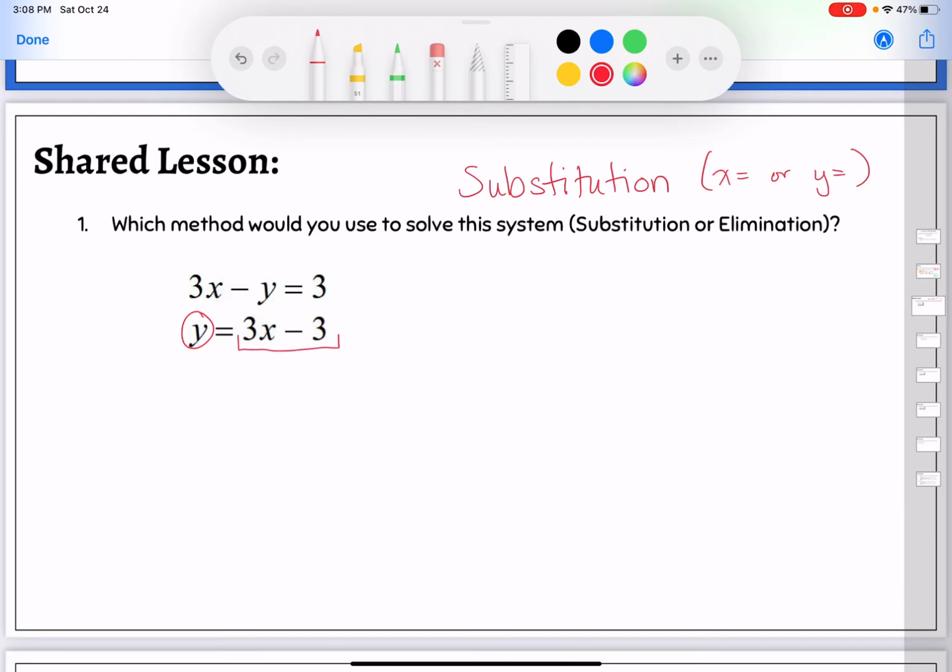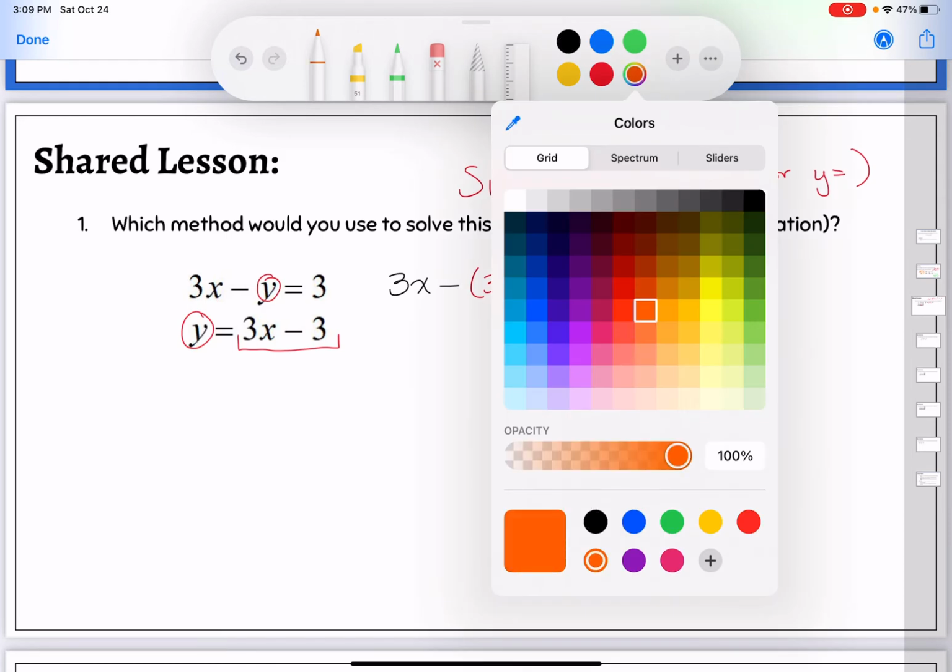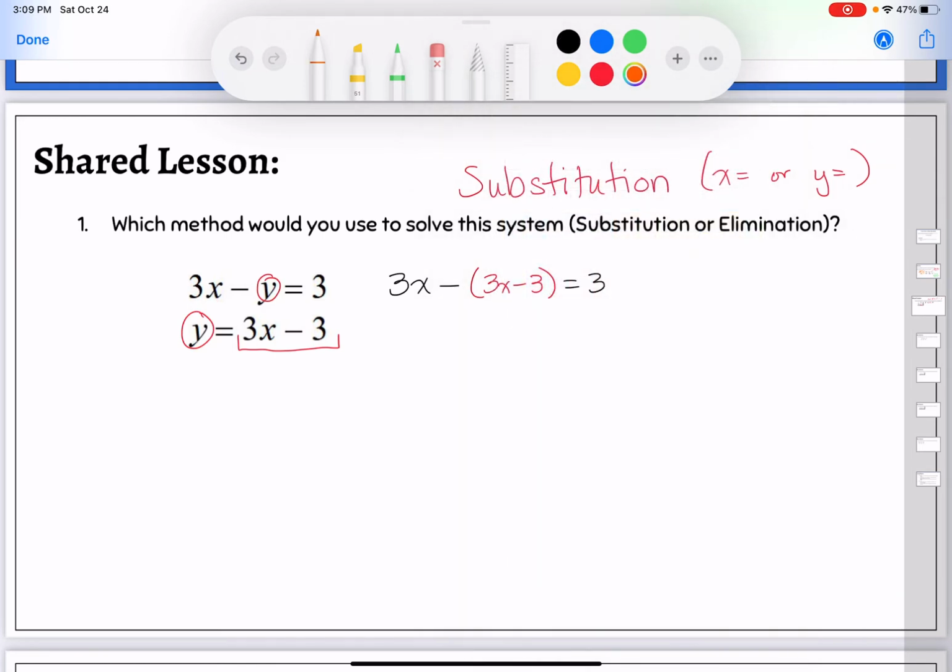So I'm going to plug that 3x minus 3 in for y in the other equation. So in that top equation, it'll say 3x minus, now instead of y, I'm going to replace it with 3x minus 3. Make sure you use parentheses here. This is a sneaky one. Equals 3. Wow, lots of 3's in that equation. Now, it says 3x minus.